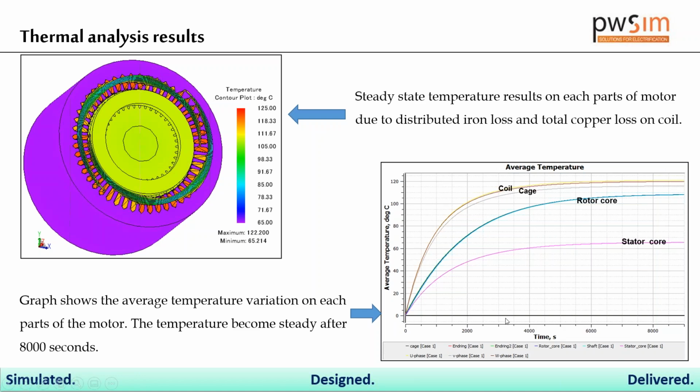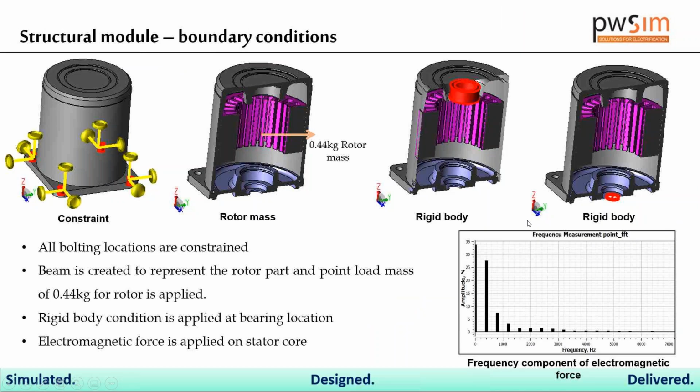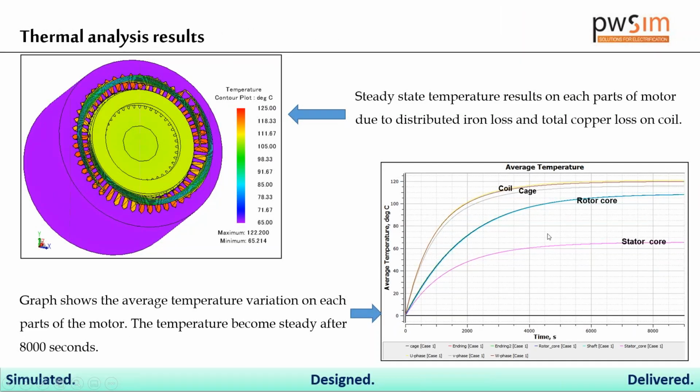If you see the transient analysis part, you can see the stator core is the part which is getting heated up the least. Second, the rotor core is heated up more, the cage more, and the coil is the hottest part out of the lot. You can see it reflected here.